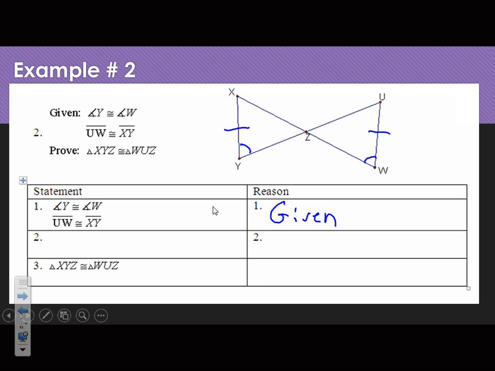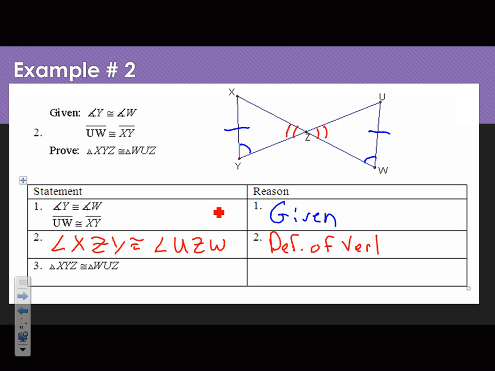If we look here, we also have vertical angles. So we're going to put angle XZY is congruent to angle UZW. And then our reason, we're not just going to write vertical angles anymore, we're going to write definition of vertical angles.